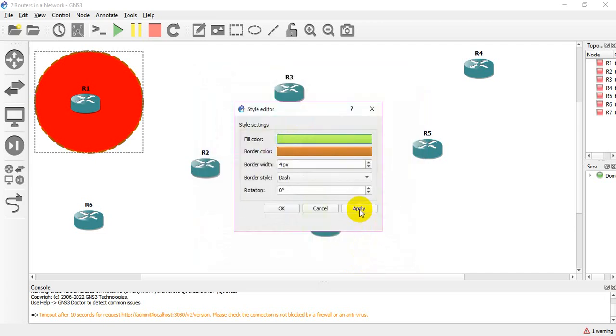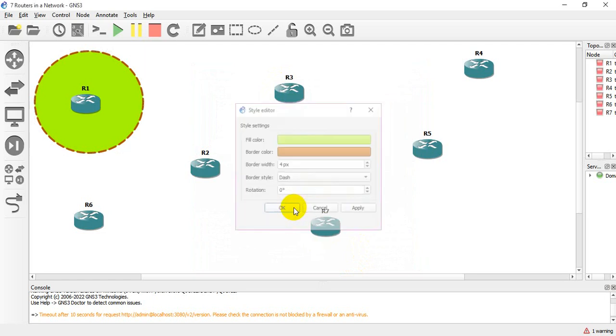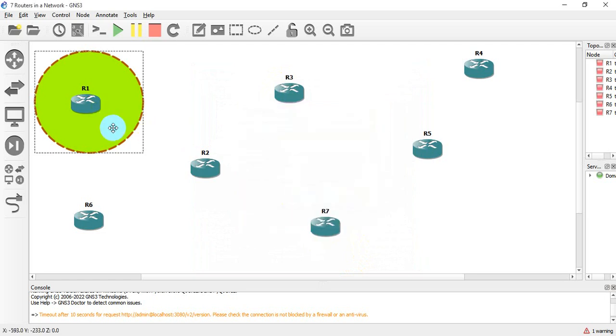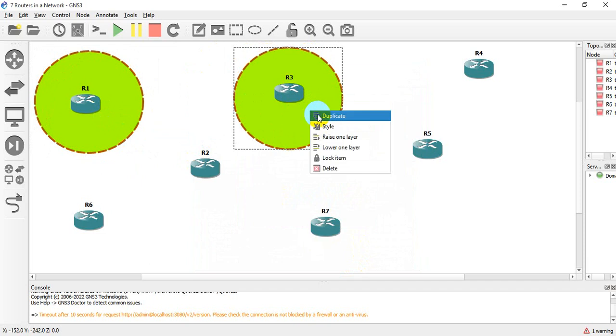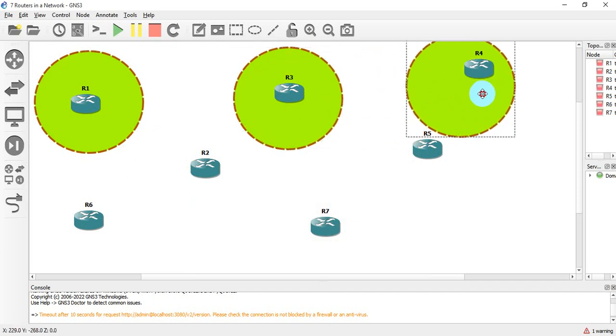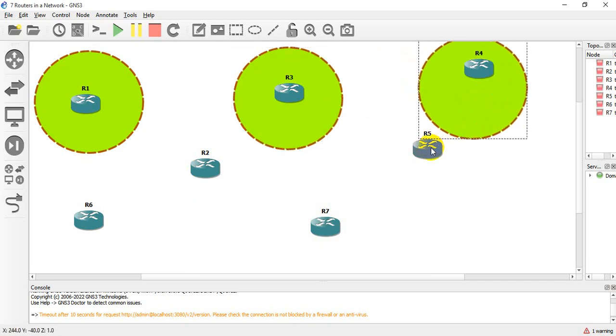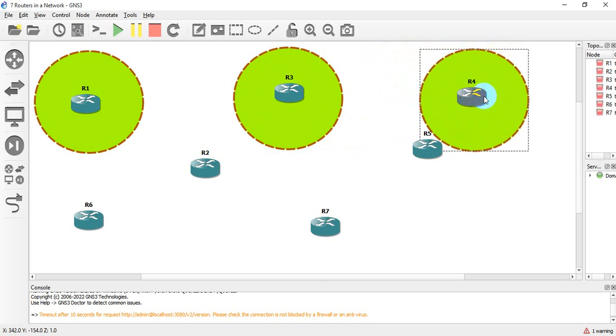Now it's open. So 7 routers means we will connect today 7 different vendors, 7 different companies.